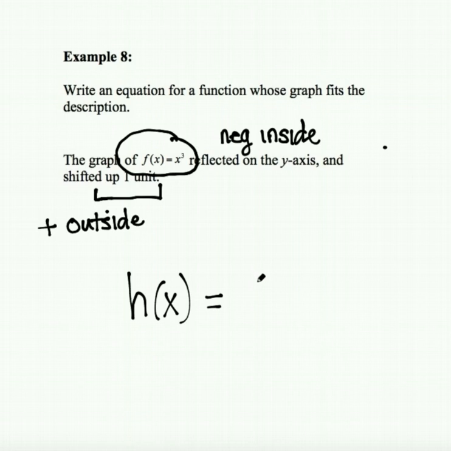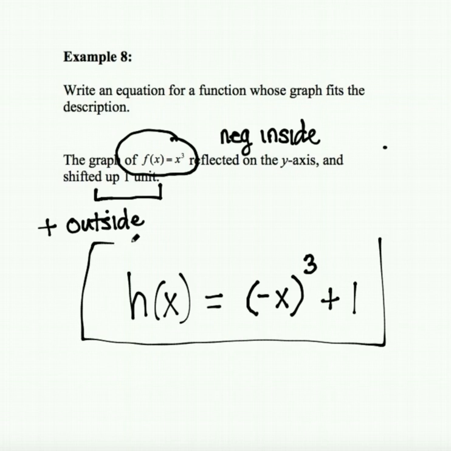So the way I'm going to write that is negative x quantity cubed. That gives me the negative on the inside that I need. And then since I'm shifting up 1 unit, I need a plus 1 outside of the cube. So my new function that satisfies those conditions is h of x equals negative x cubed plus 1.